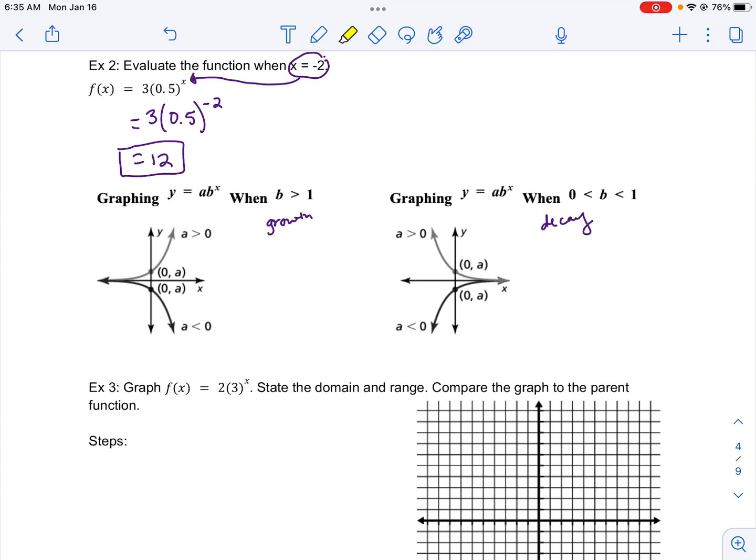I would write this down on your frame with those pictures as well. So notice if we have a b that's a negative number, it's not actually listed here. So just something to note.